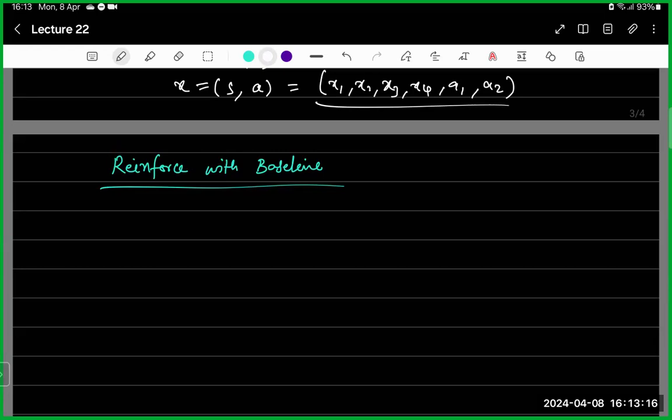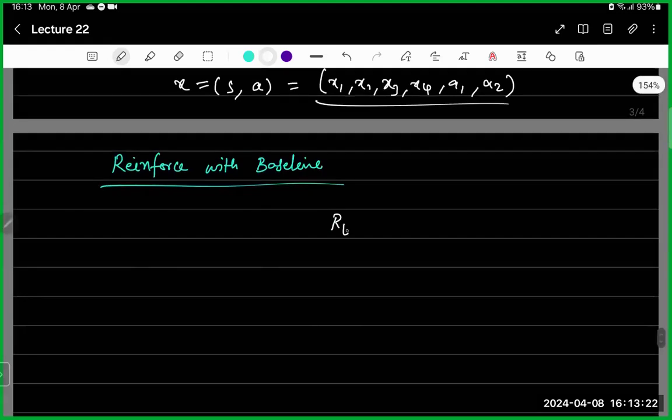If you remember, in the bandit setting, instead of using Rt, what did we suggest as a baseline? Rt minus R bar, right? R bar is the average reward that you got till now. So similarly, for this also, generally there are two popular baselines which are used.